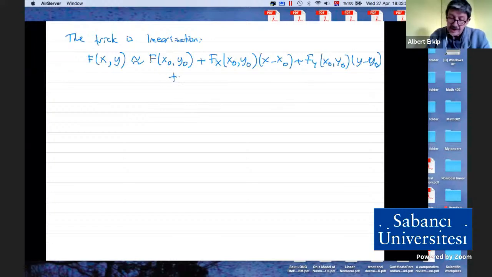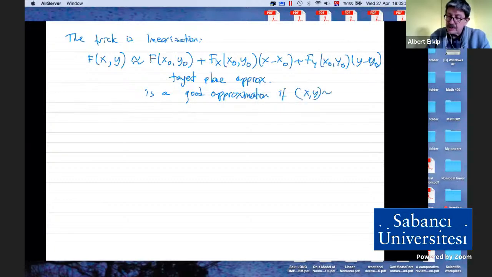This is the tangent plane approximation, and this is a good approximation if (x, y) is close to (x0, y0).